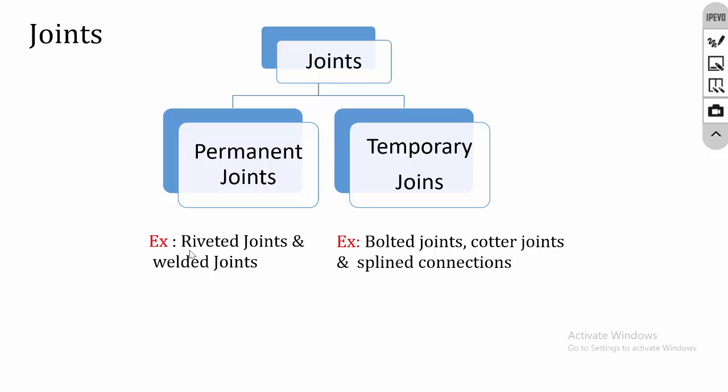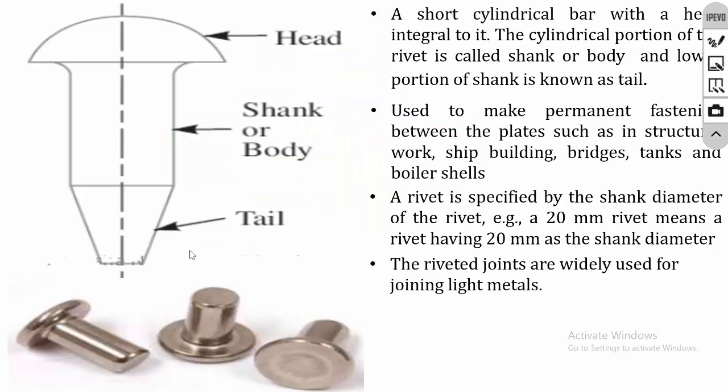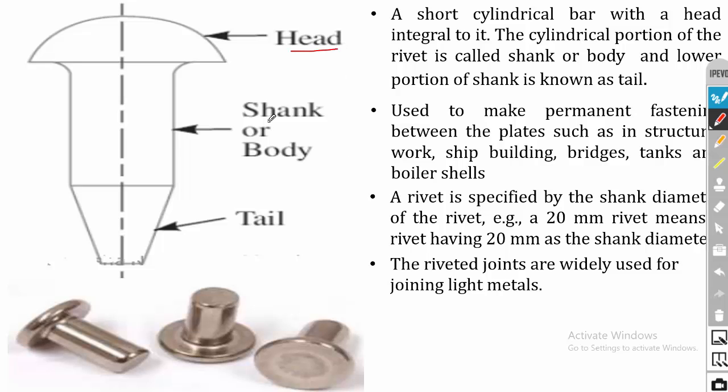So we cannot remove the joint. This is the construction of a rivet. It has a head, a shank, and a tail. The shank is a circular section and it is inserted in the plates, and the tail is a tapered section.